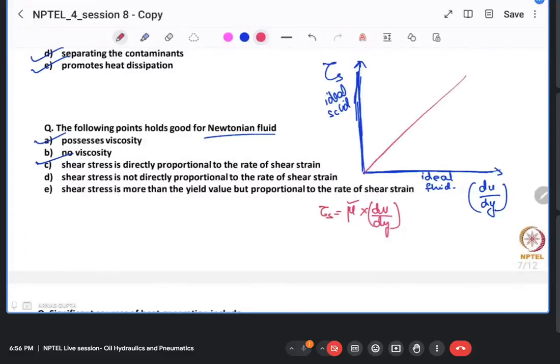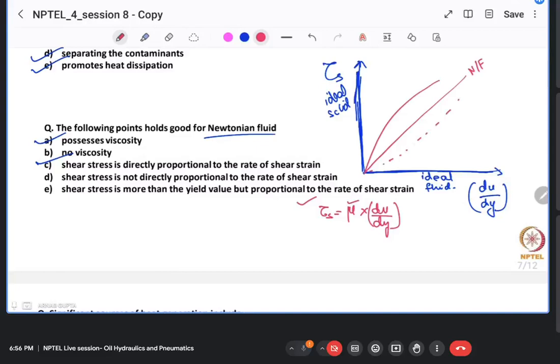So this is your Newtonian fluid. So what is non-Newtonian fluid? Any fluid that is not following this particular equation is your non-Newtonian fluid. So it can have different representations. It can be like this or like this, depending on the behavior of the fluid.